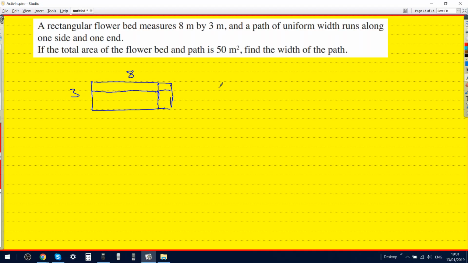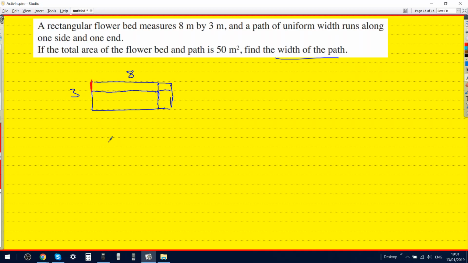I don't understand it really, because it says the area is 8 by 3, so surely they want the little width this time, this little width there. Well, it says the total area of the flower bed and path is 50. So the total area is 50, and they want just the width of the path.